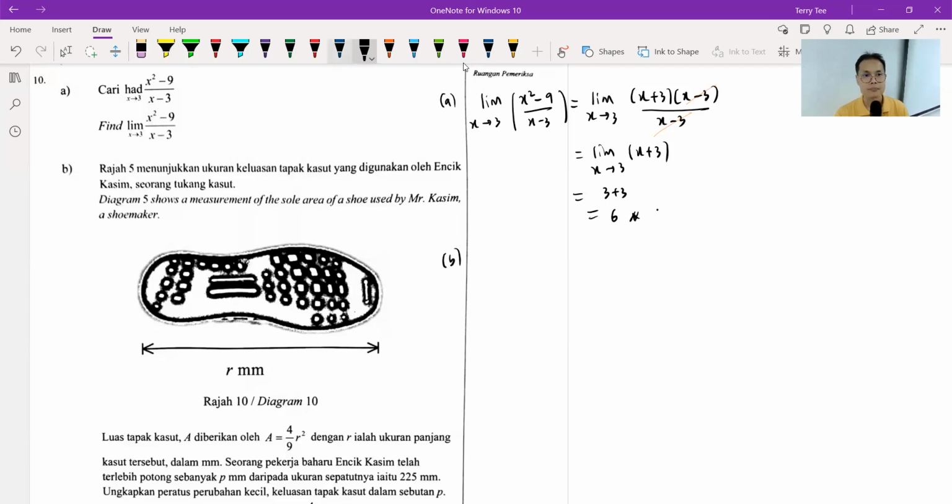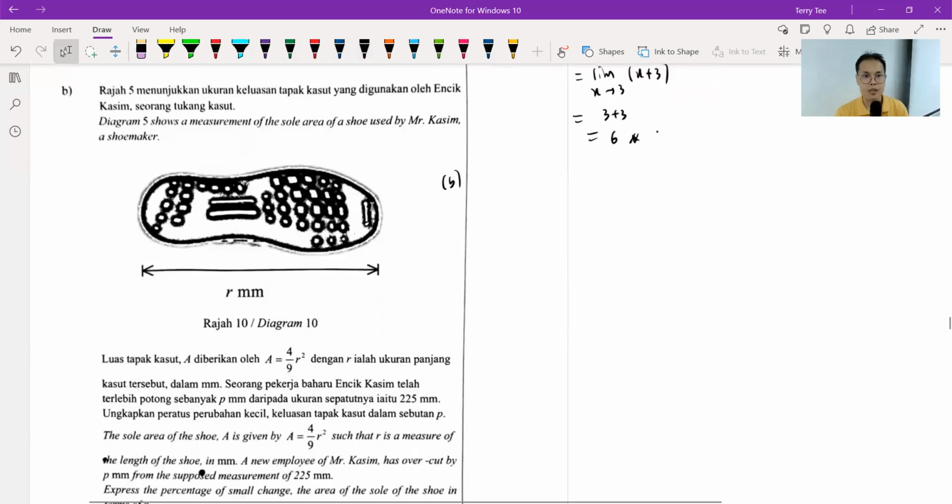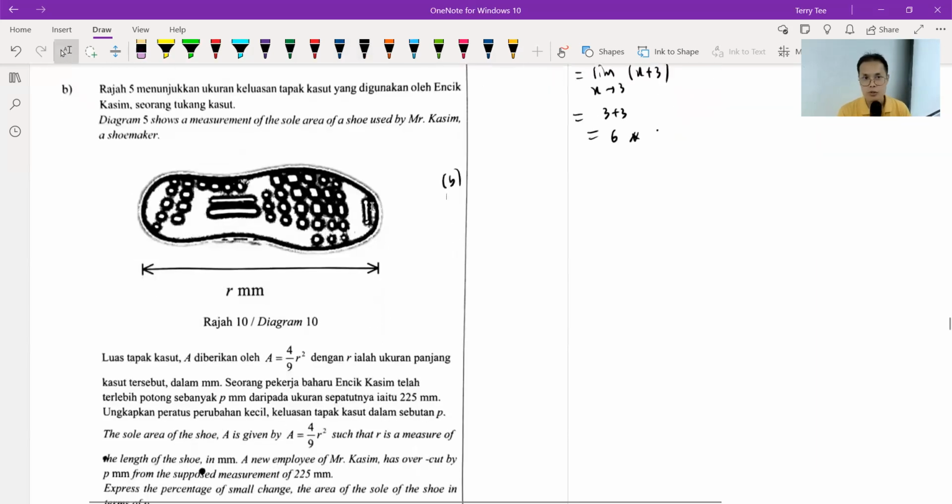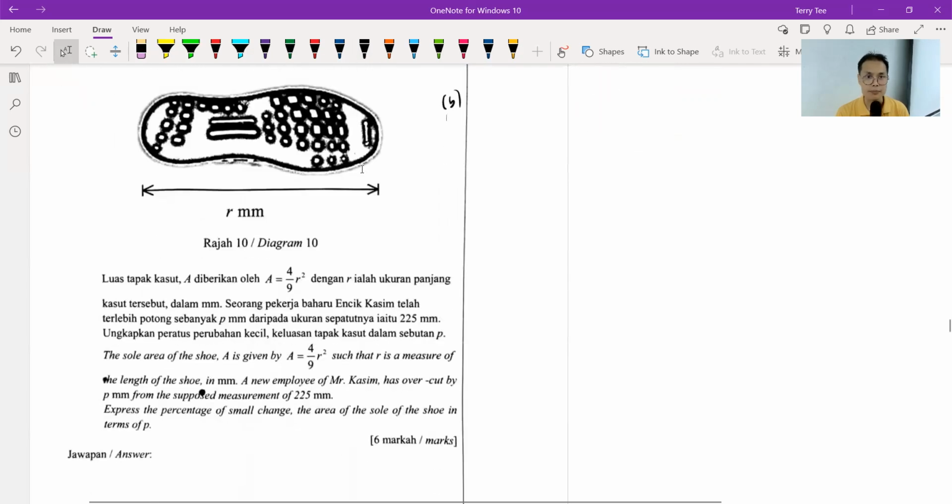All right, second part. The diagram shows the measurement of a sole area of a shoe used by Mr. Kasim, the shoemaker. The length is r, and the sole area of the shoe is given by A equals 4 over 9 r squared, where r is the length of the shoe in mm.